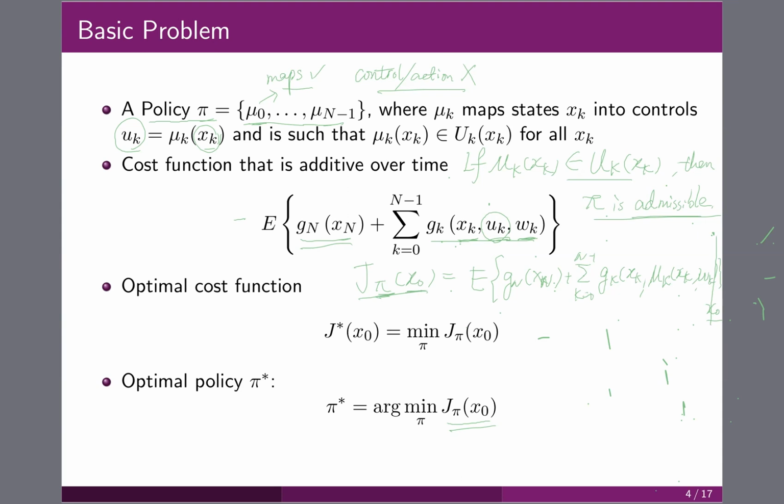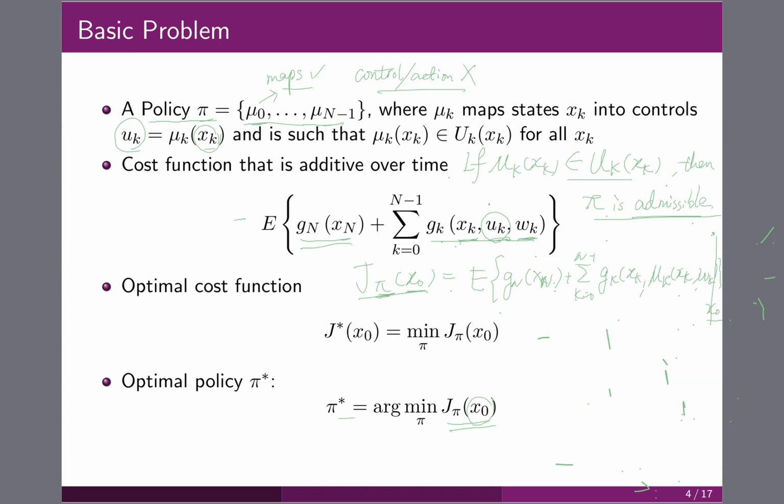This is the optimal policy. Formally, this pi star is a function of x0, because this objective function is a function of x0.